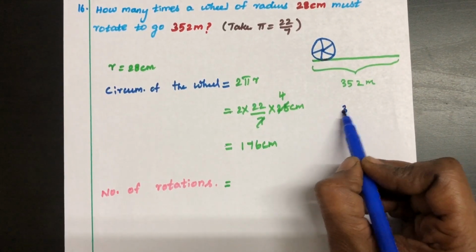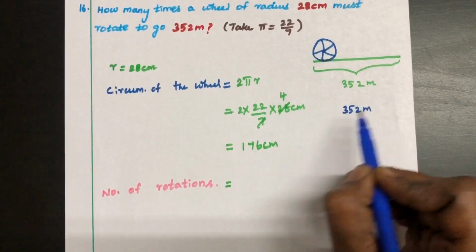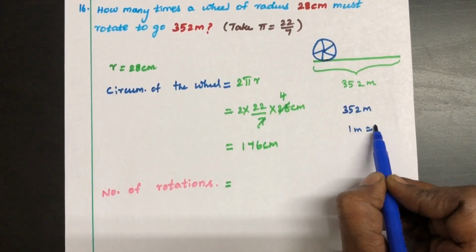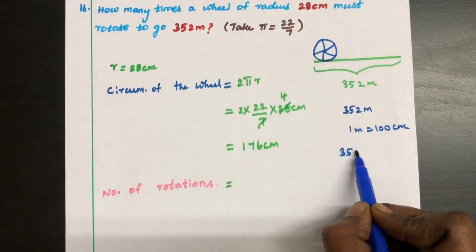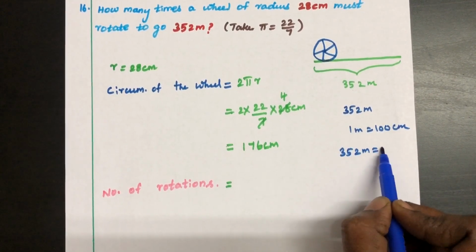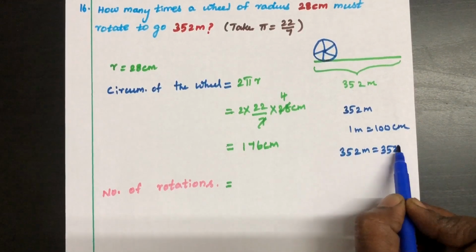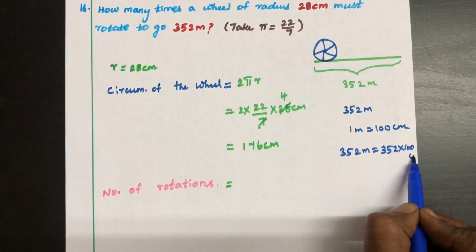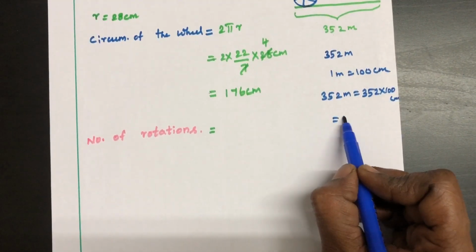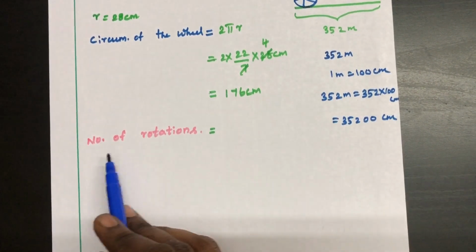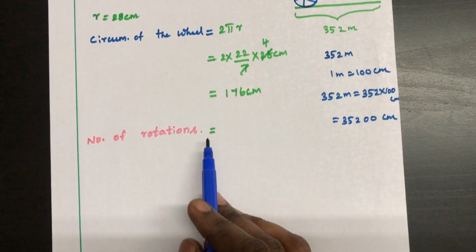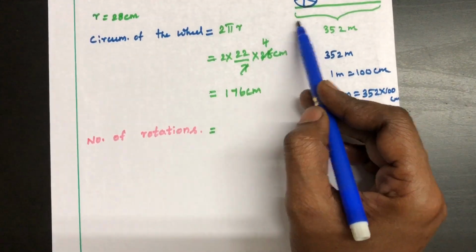So 352 meter. See, 1 meter is equal to 100 centimeter. So 352 meter is equal to 352 into 100 centimeter, which equals 35200 centimeter. So number of rotations required, how to find this? This is the whole length.